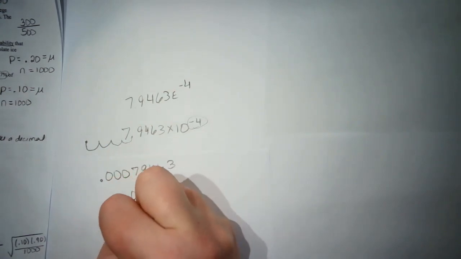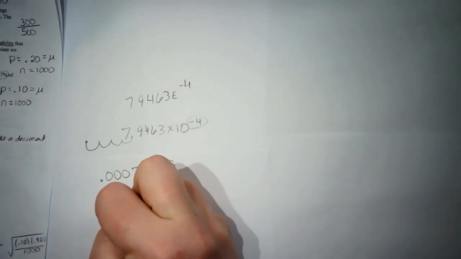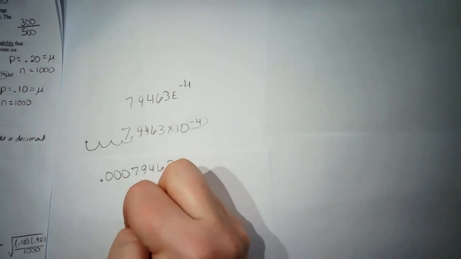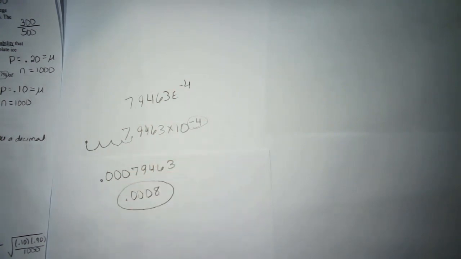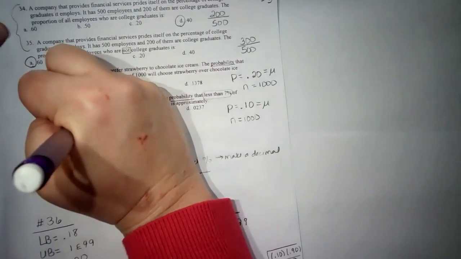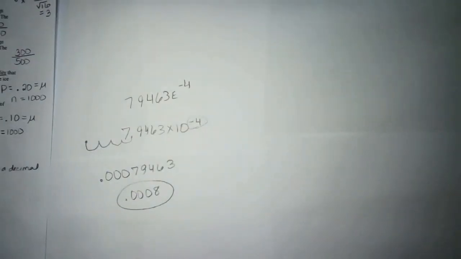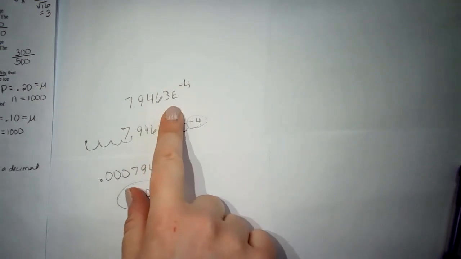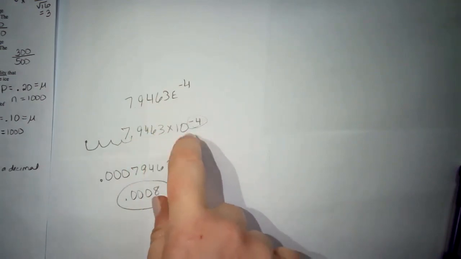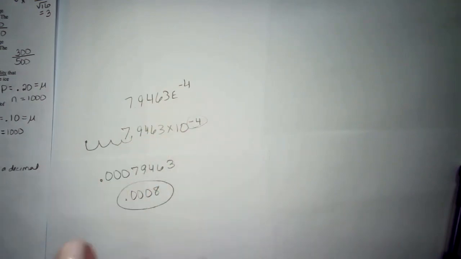So if I round this to 4 decimal places, the 9 is going to make the 7 go up to an 8. And then your answer is B. So again, it's just full of these little sneaky things that drive me up the wall. It's the very last problem of the test, so finish strong. When you get this wonkiness, write it as scientific notation, scooch it over, round it, and then you should have your answer.